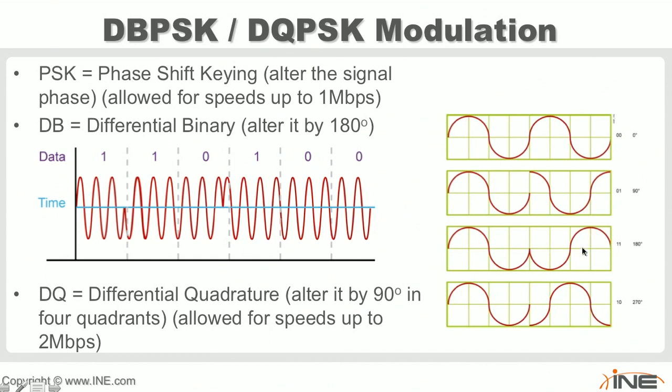If I were to cut this section right here and lay it over top of this, it would be 180 degrees out of phase. This is only 90. If I were to cut this section, these 8 boxes, and lay it over top of these 8 boxes, I would be 90 degrees out of phase.